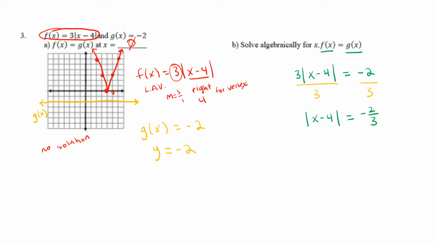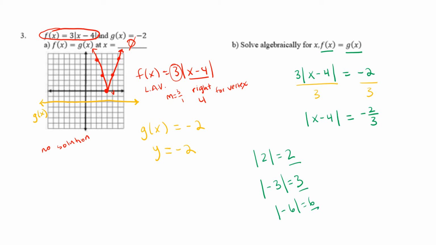Why is that telling us it's no solution? That's strange. Well, the reason is, anytime we take an absolute value, if it's the absolute value of positive 2, it's positive 2. If it's the absolute value of negative 3, it's positive 3. If it's the absolute value of negative 6, it's positive 6. What keeps happening here? All of these end up being positive.